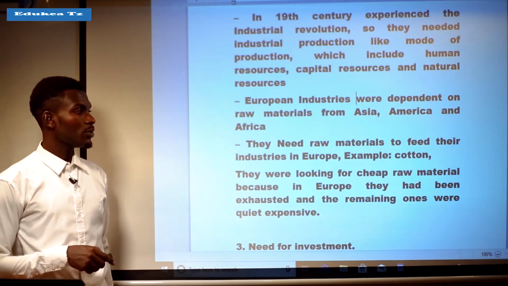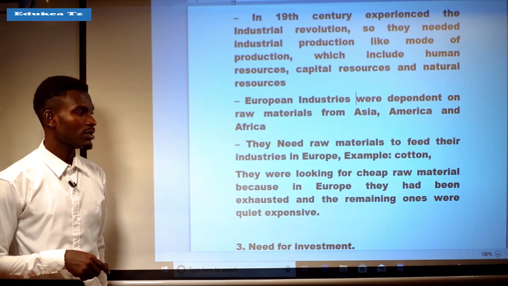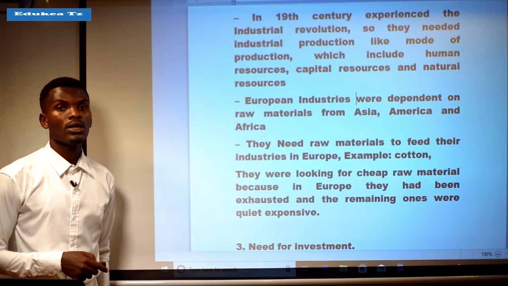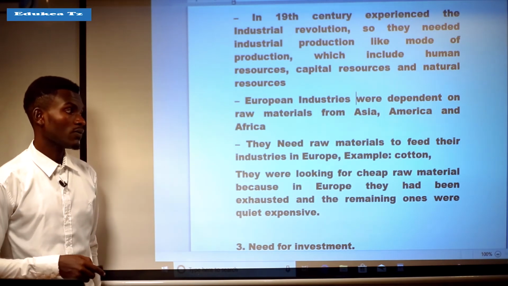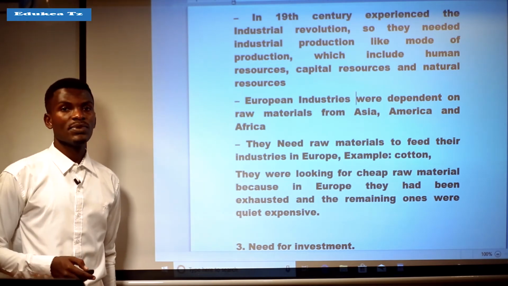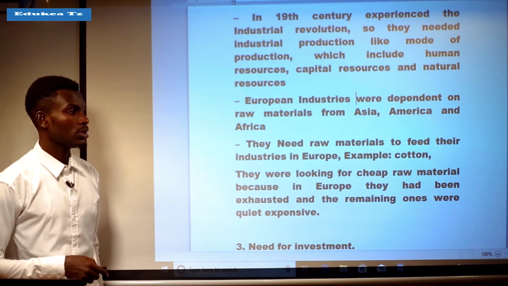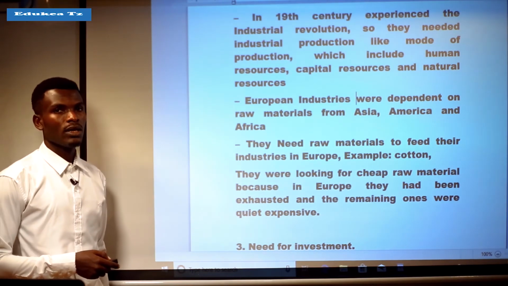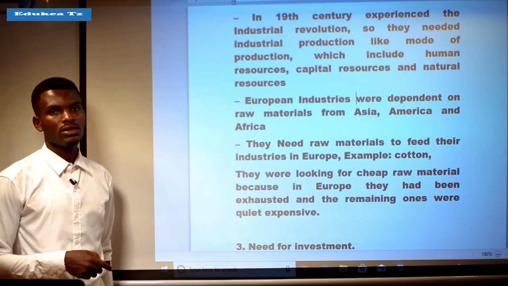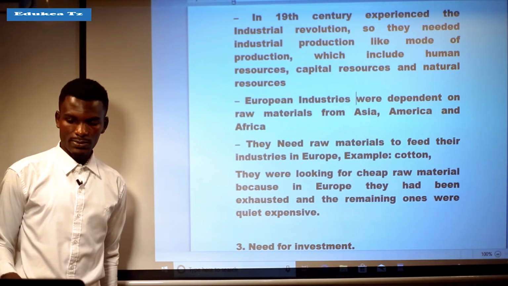They were looking for cheap raw materials because in Europe they had been exhausted and the remaining ones were quite expensive. It means that in Europe those raw materials were exhausted, and those which remained had a high price, so they could not afford a production cost that could be compared to the profit which was intended to be maximized.